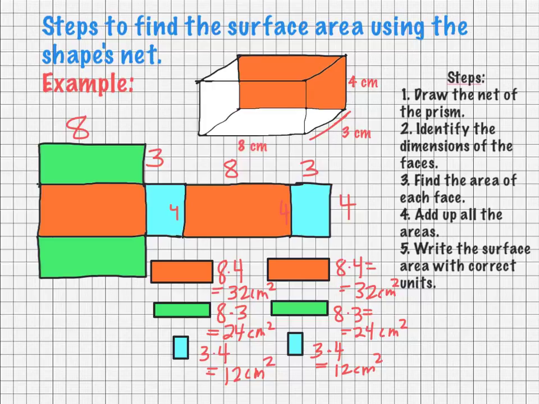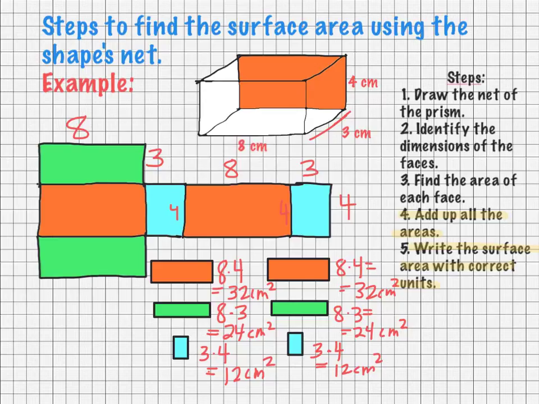Now we have the 6 faces with each of their areas. So the last step, step 4, will be to add up all of the areas so that we can, in step 5, write the surface area with the correct units.